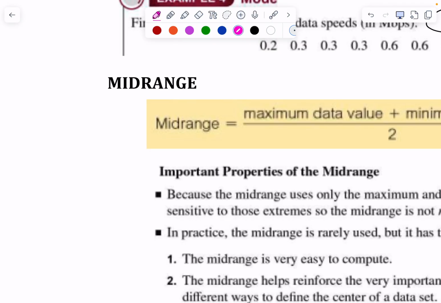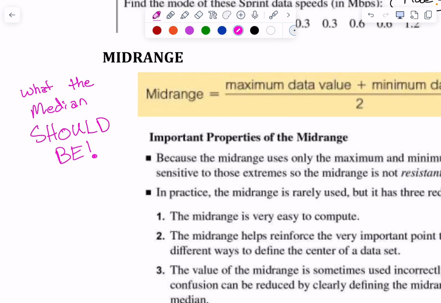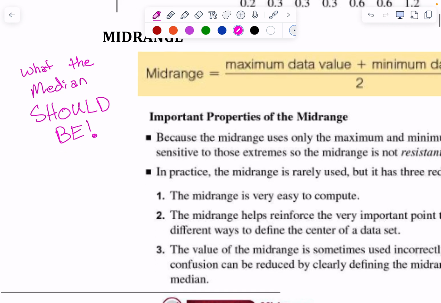The mid-range is what the median should be. So let's say I have a 0, and a 90 and a 95 and a 99 and a 100.